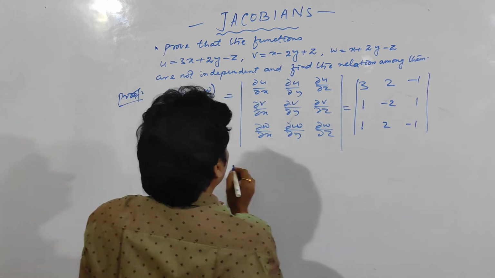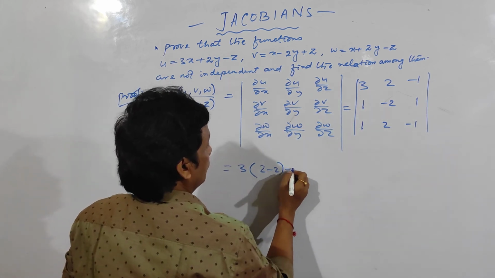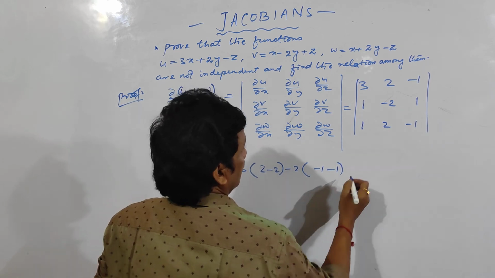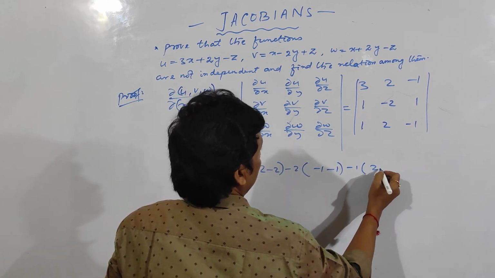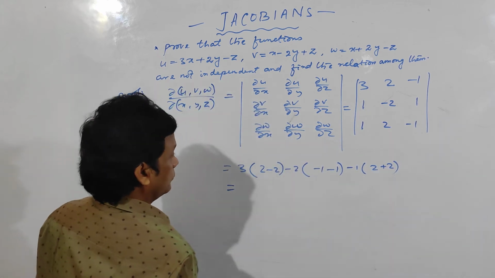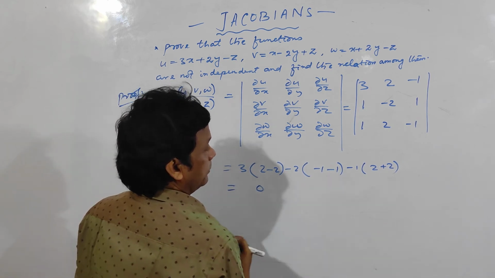So now, you want to find out the determinant. 2 minus 2, minus 2, it is minus 1, minus 1, then minus 1, it is 2 plus 2. Clear? So this one becomes 0. Minus 1 is minus 2.